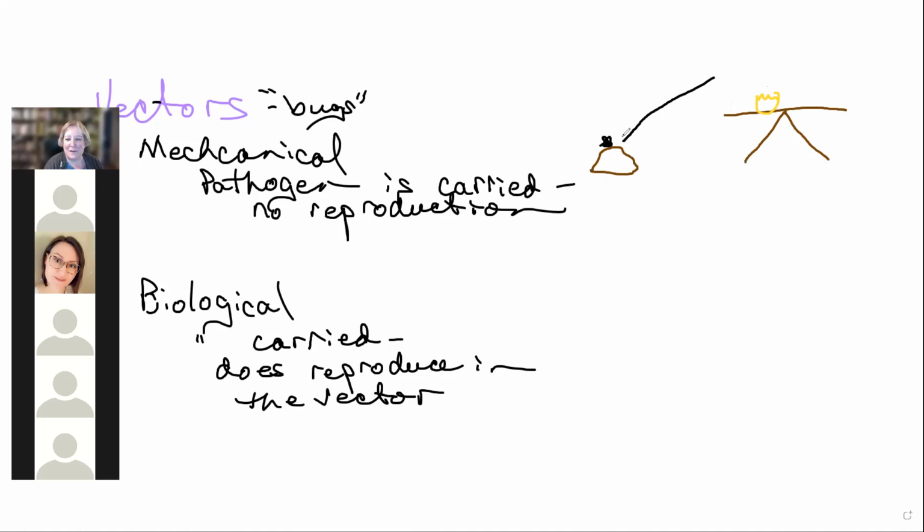So the fly goes from the poop pile, lands on the potato salad, does a little dance and eats your potato salad. And you come back an hour later and you become ill from the poop bacteria that the flies carried over to your potato salad. So there is no reproduction in between, or if there was reproduction happening, it was happening briefly in the potato salad. So flies are mechanical vectors.